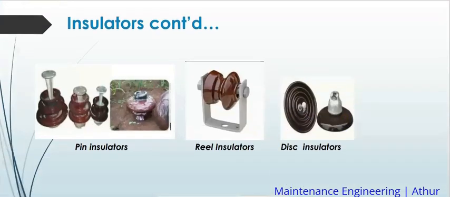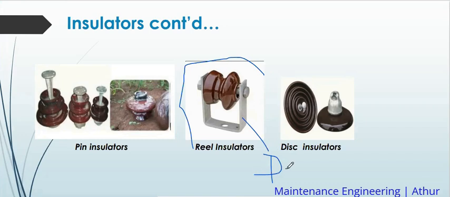So when I talk about a real insulator, it is this one here. This is for LV. Now you see this is called a D iron. This one is always at the pole.